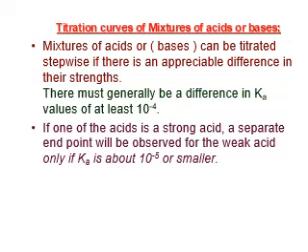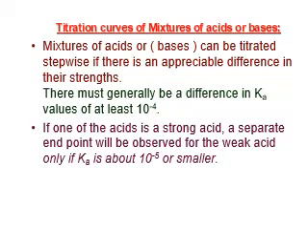If one of the acids is a strong acid, a separate endpoint will be observed for the weak acid only if Ka is about 10 to the power minus 5 or smaller.